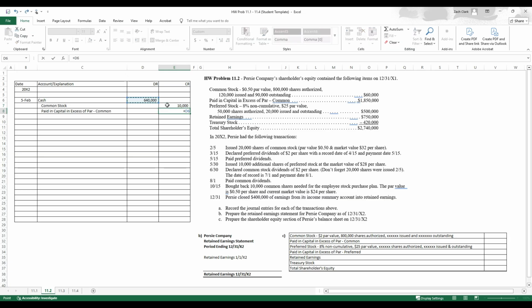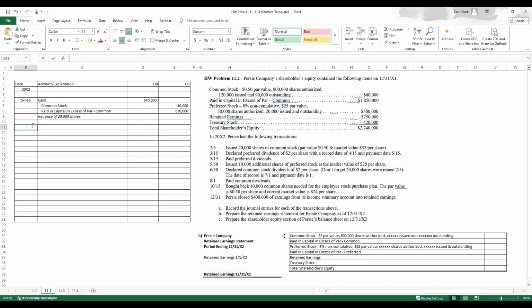The difference, the excess, is the paid in capital in excess of par, common stock, and we'll say issuance of 20,000 shares.